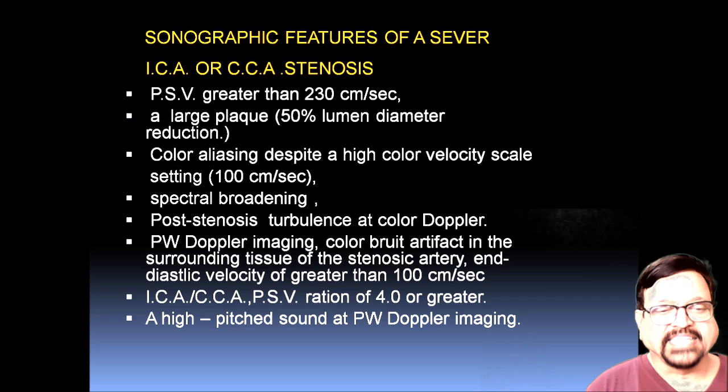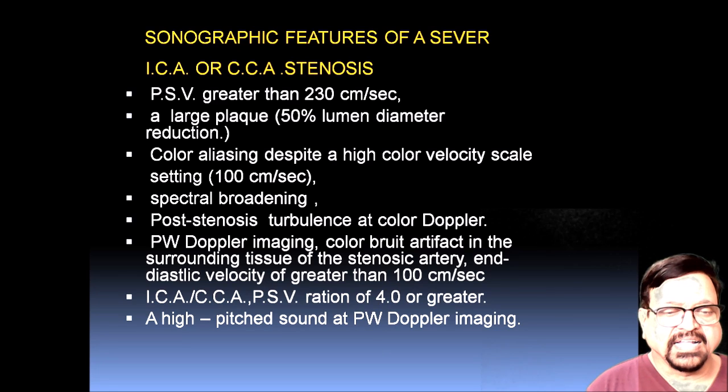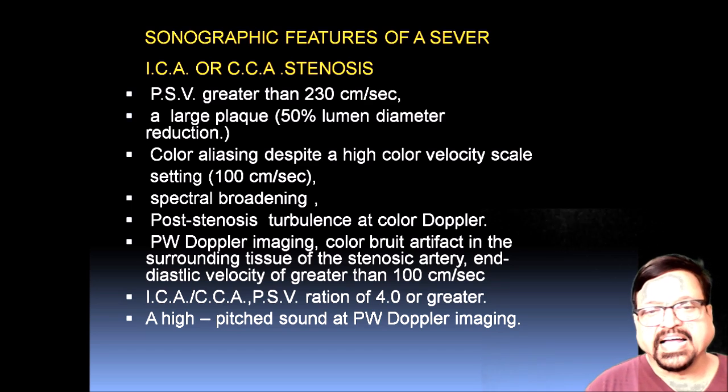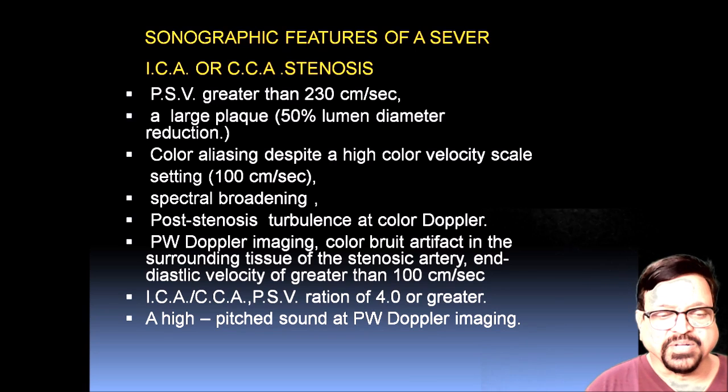Then color aliasing, spectral broadening, post-stenotic turbulence, color bruit artifacts in the surrounding tissues of the stenotic artery, and end diastolic velocity greater than 100 cm per second are again indicative of severe stenosis.